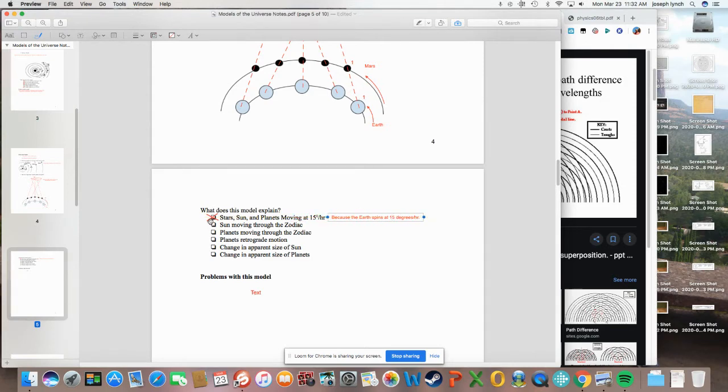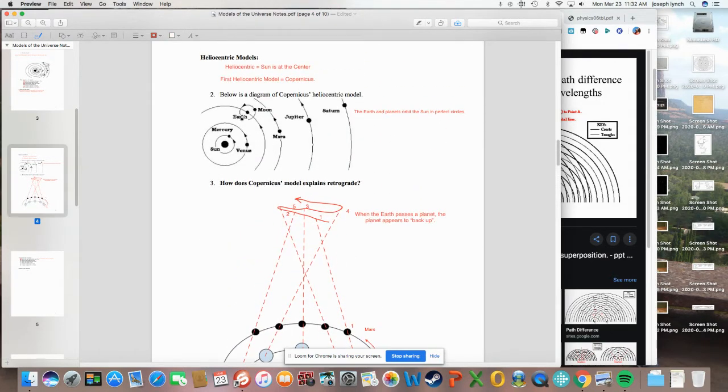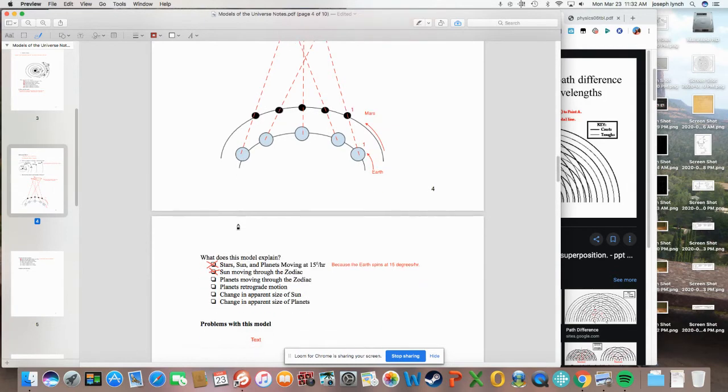All right, the sun is going to move through the zodiac because as the Earth goes around, the sun is going to line up with different stars. When the Earth is here, the sun is lined up with the stars over here. When the Earth is here, it's going to line up with these stars over here. Same thing, because everything's moving, the planets are going to seem to move.